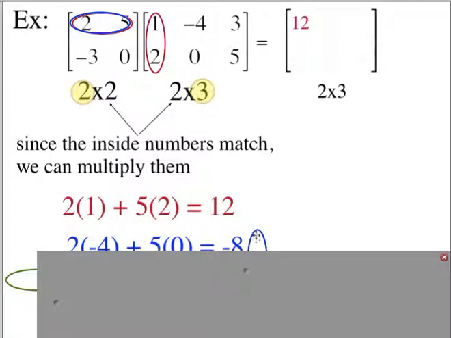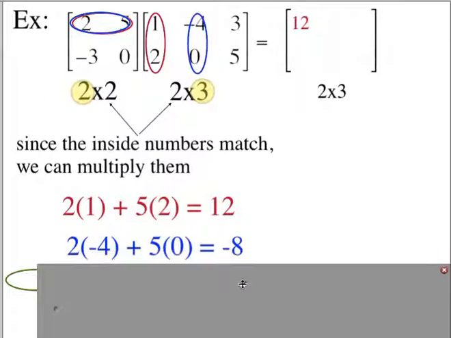So I do 2 times negative 4 plus 5 times 0, and that gives me negative 8. Since I'm in the first row and second column, my entry goes in the top middle, first row, second column.